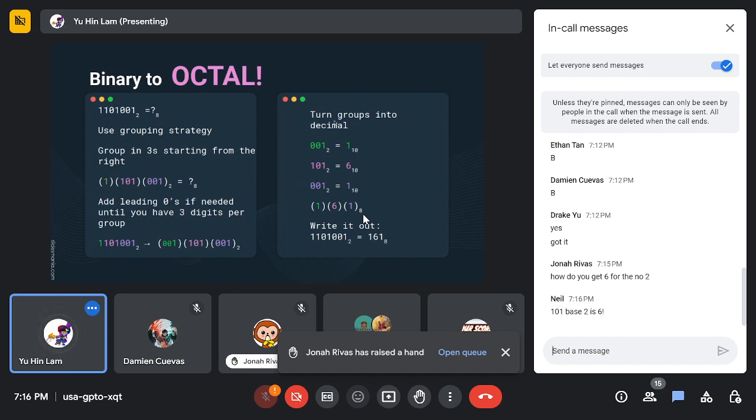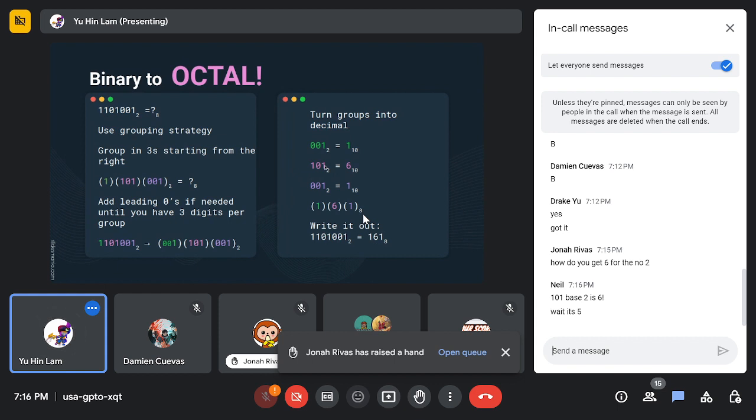Wait, let me check. So when we're converting, 2 to the power of 0 times 1, 2 to the power of 0 would be 1, 2 to the power of 2 would be 4. Yeah, this is actually 5, turns out.